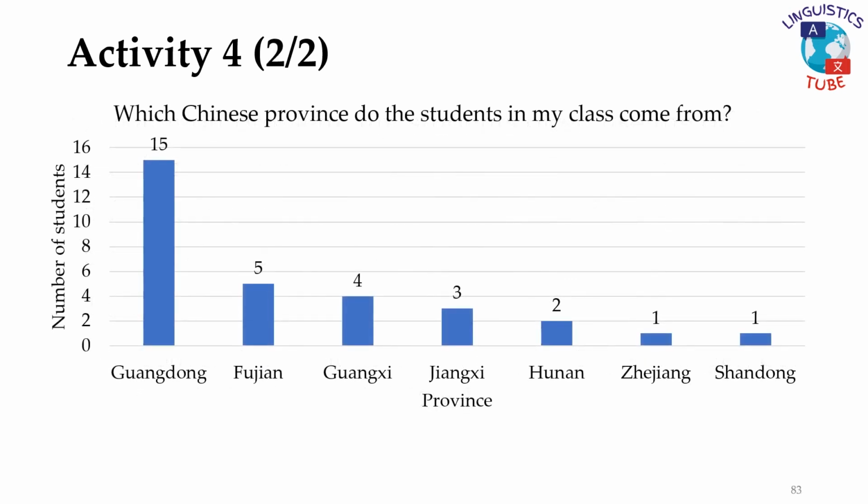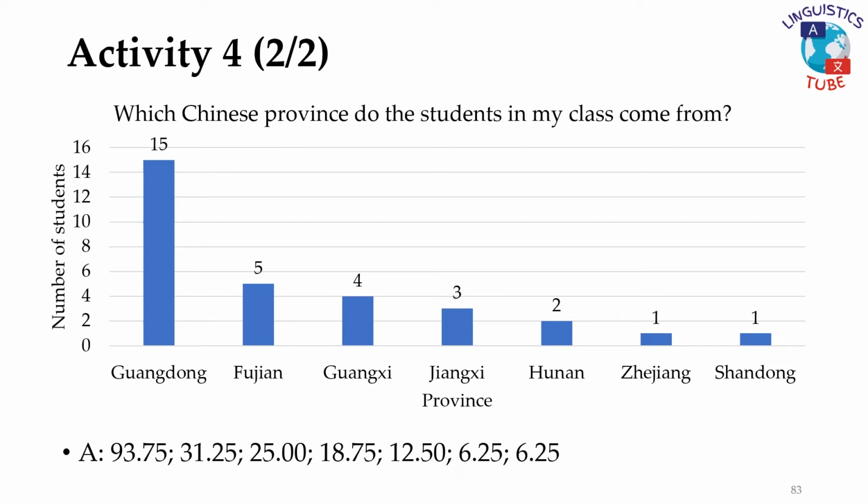Please pause the video and complete this activity. And here are the answers. Note that 25% contains 2 decimal places, even though they are 00. This is the convention, so we must follow it.